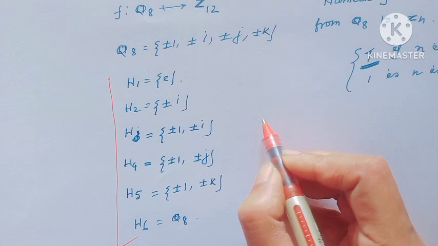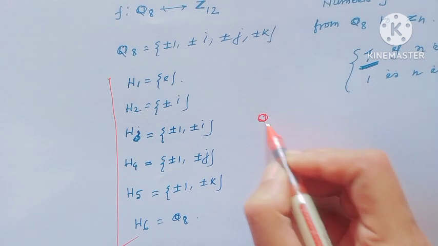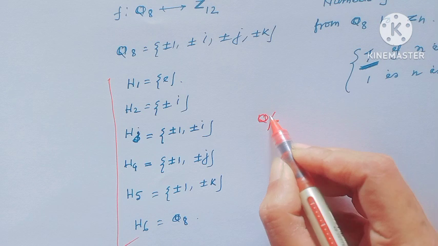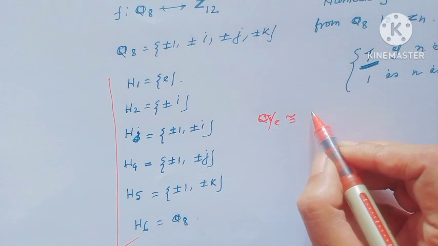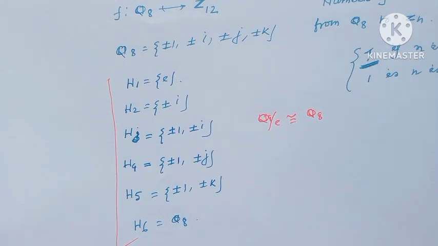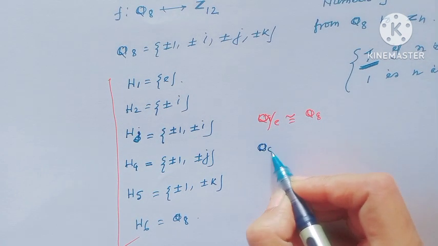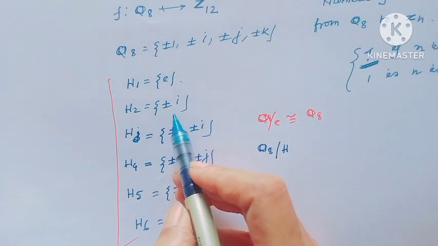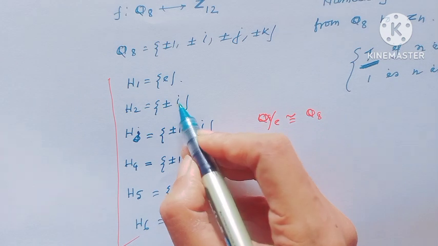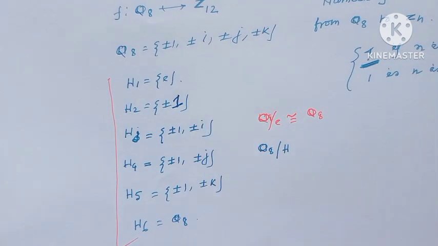Now Q8 modulo identity is isomorphic to Q8. Q8 modulo H2, which contains plus minus 1 — plus minus 1 is obviously a member of Z(G).